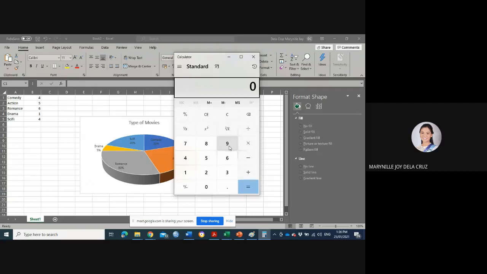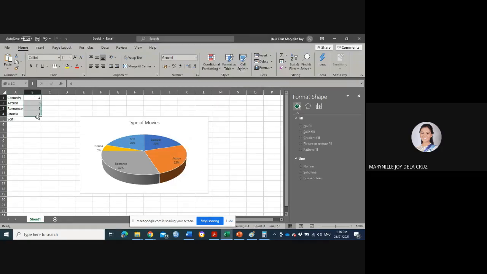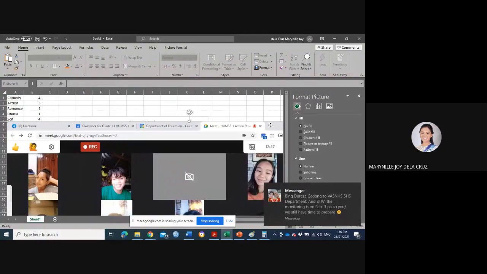To get the percentage, there's always 100%, right? This one is 4 plus, what is this? Add it, magiging 20 siyang total niya, tanan. Meaning, 20 respondents ang nag-answer.